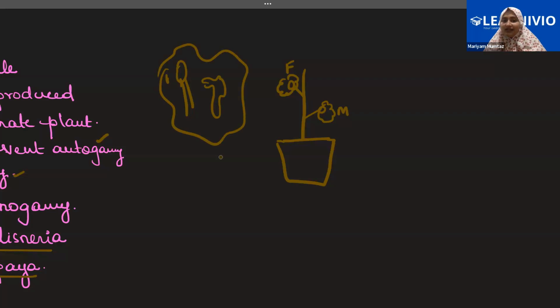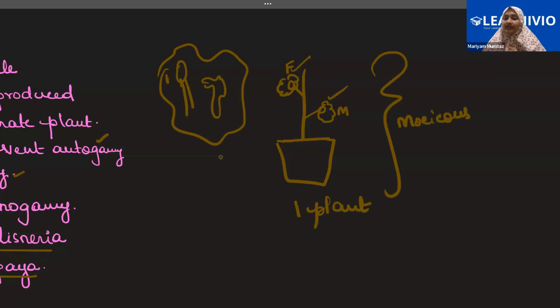That is a bisexual condition. Not this badly drawn, but this is the condition: one flower will have the male and the female part. But here I'm saying this is one plant. One plant has separate flowers for female, separate flowers for male. This condition is monoecious. Monoecious means the plant is the same, flowers are different.